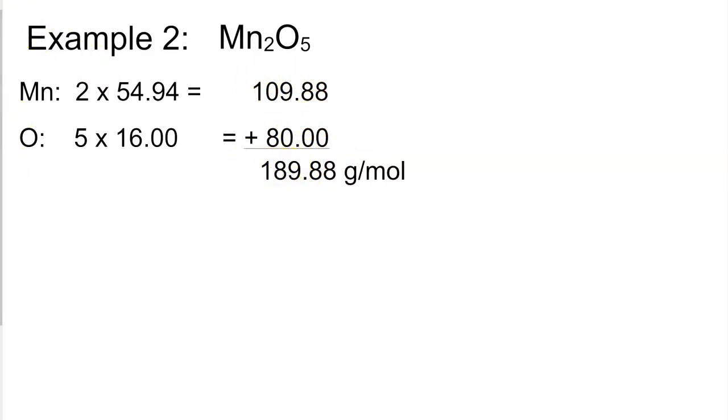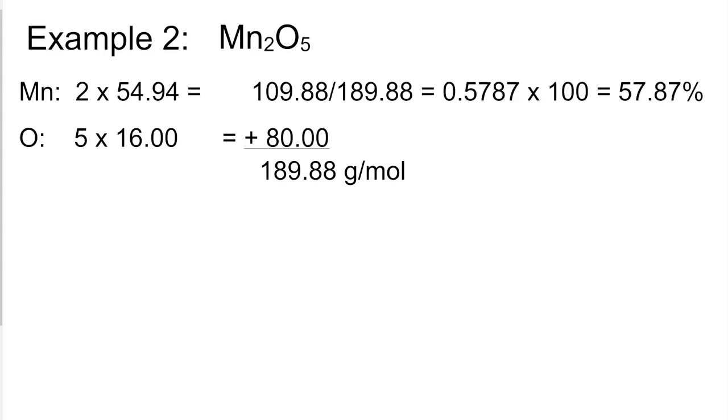We're going to take each of their parts, 109.88 and 80, and divide by the whole, 189.88. So 109.88 divided by 189.88, part over whole, times 100, and I get 57.87.